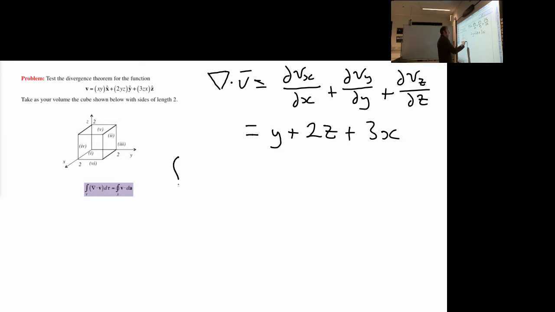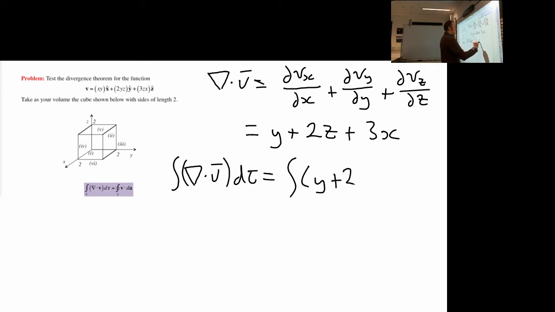So we've got the integral of the divergence of our vector d tau, equal to the integral of y plus 2z plus 3x, and for a volume element, of course, it's dx dy dz.